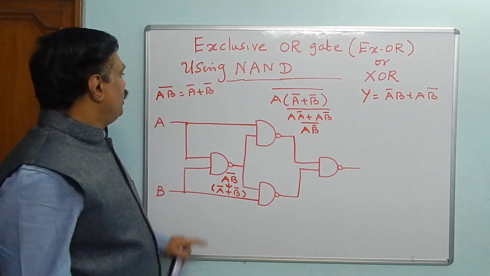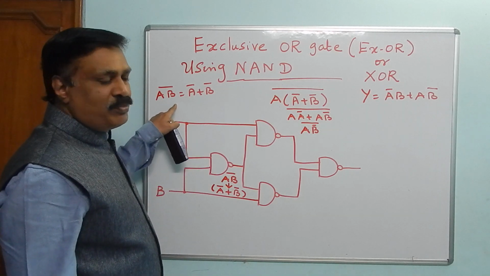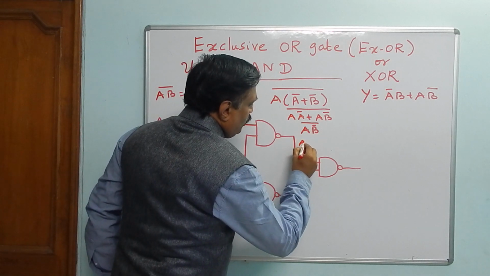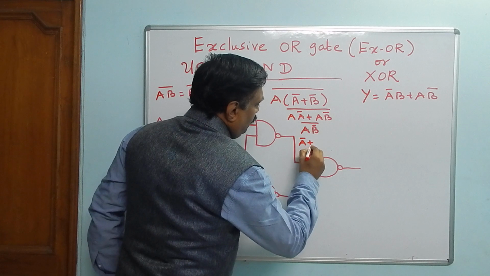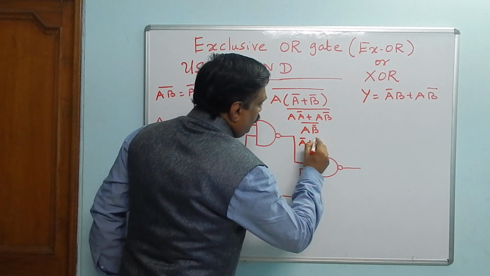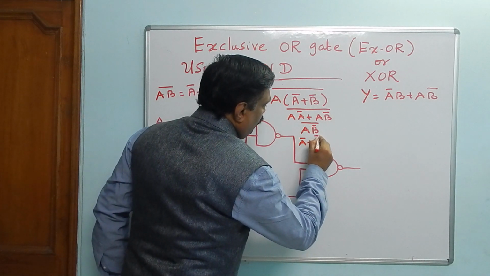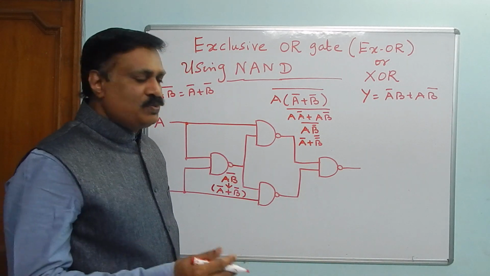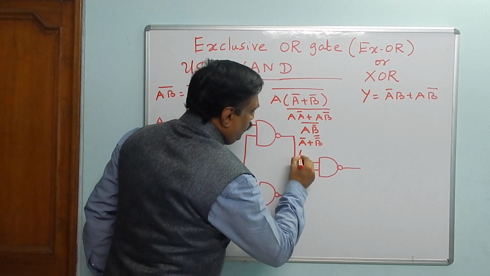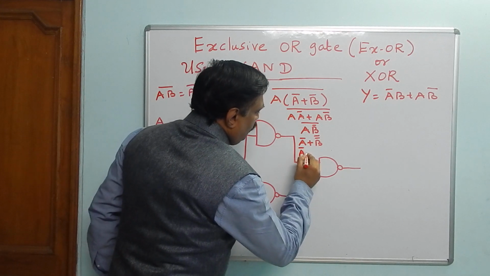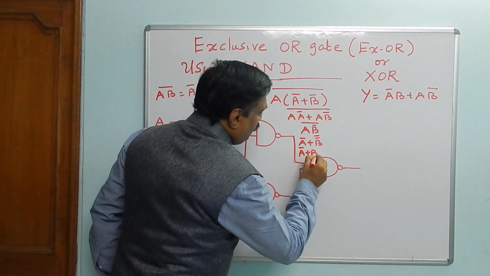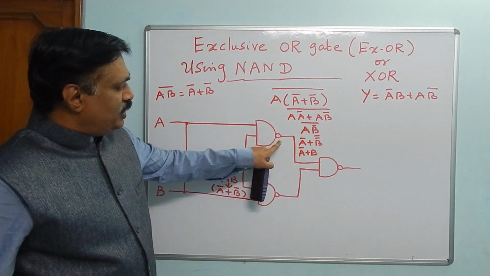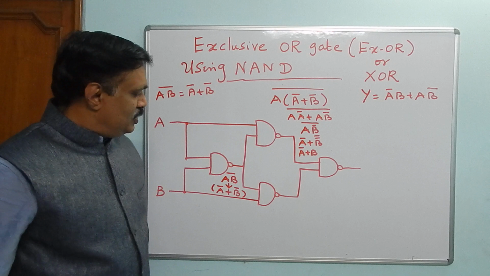Again you are applying De Morgan. Now if you apply De Morgan, A bar plus B bar bar. Okay. B bar bar means simply it is B only. Therefore you are having here A bar plus B. Okay. Here you are getting A bar plus B.